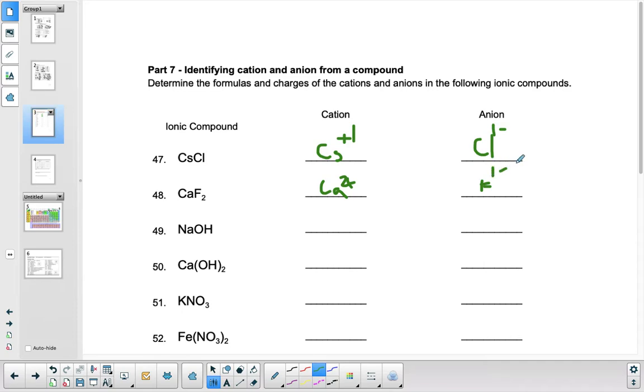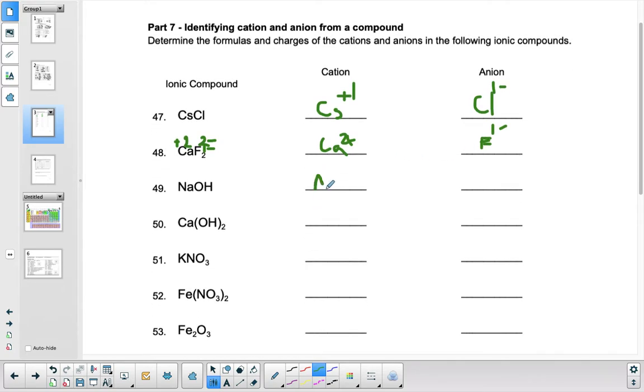So if we check this out, this works. If calcium is a +2 and fluorine is a -1, then -1 times 2 fluorine in this compound makes -2.